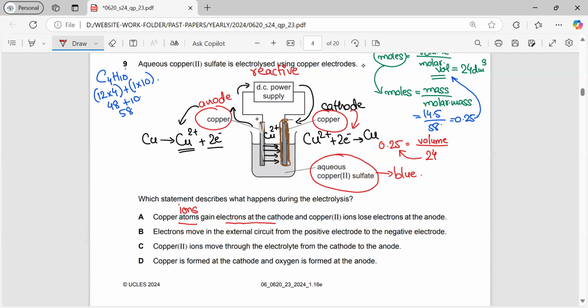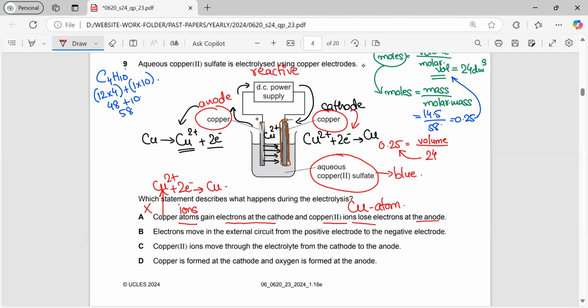Copper ions gain the electrons. Copper ions are copper 2+ and they gain 2 electrons and become copper at the cathode. And here at the anode, the loss of electrons does happen, but not with the copper ions. The copper atom or the copper metal loses its 2 electrons at the anode. So this statement is wrong.